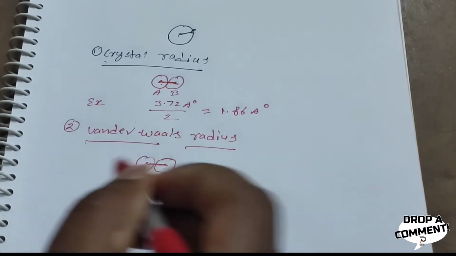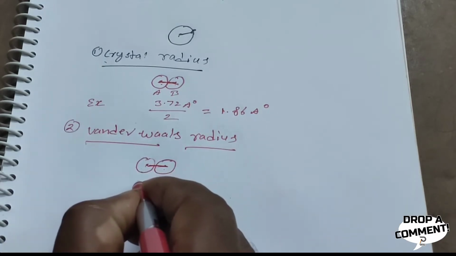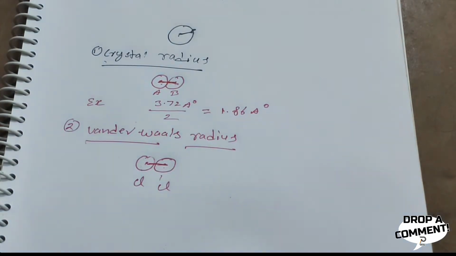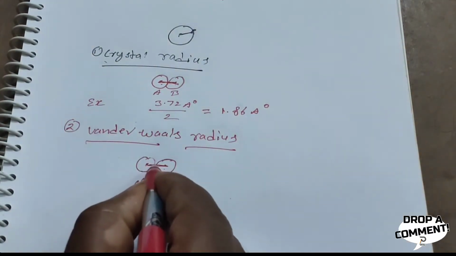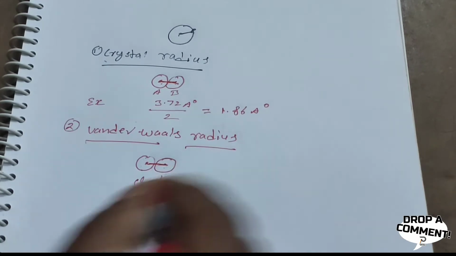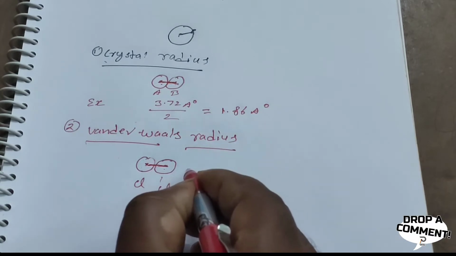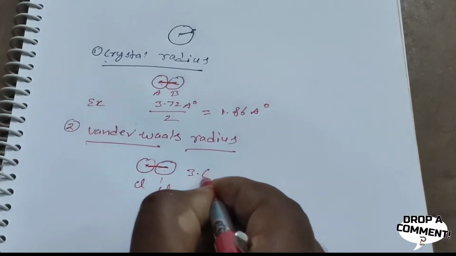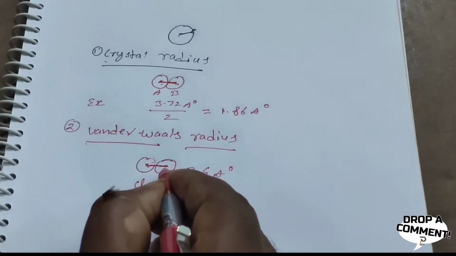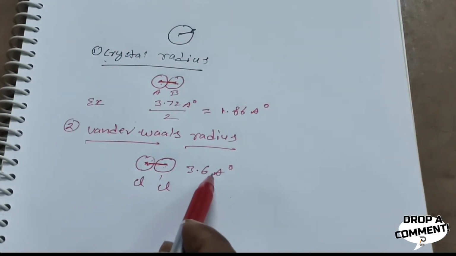Here I am taking two chlorine atoms. It is one chlorine atom, and here is another chlorine atom. But exactly I want one chlorine atom and its atomic radius. Between one chlorine nucleus and the second chlorine nucleus the distance is 3.6 angstroms.